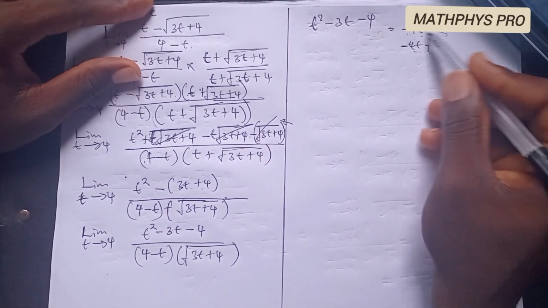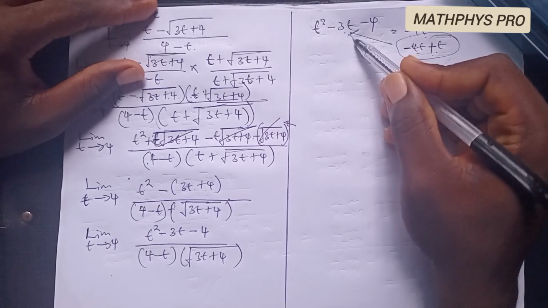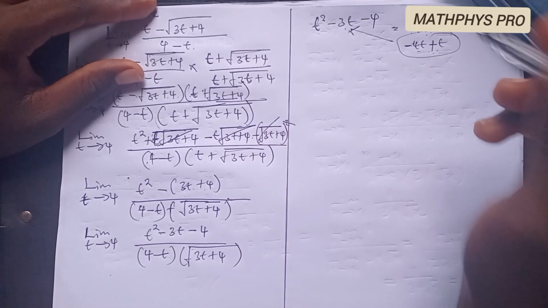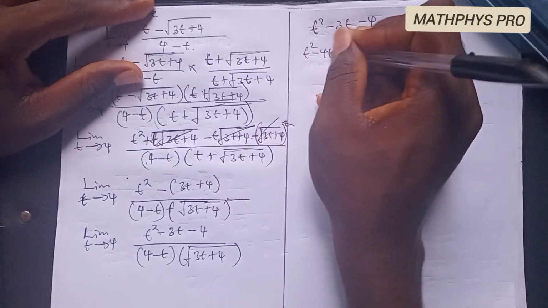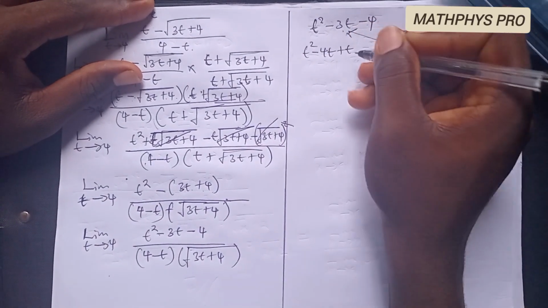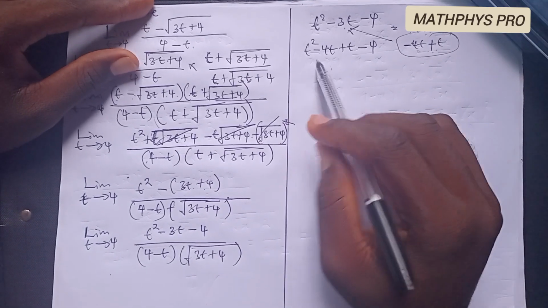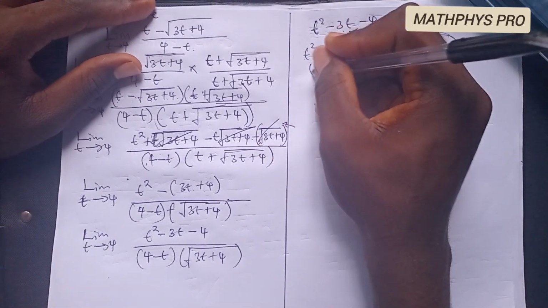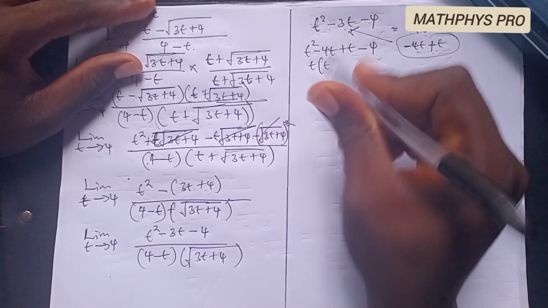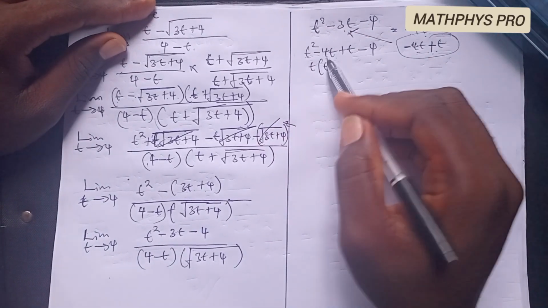So we use these factors now to replace the second term. So we have t square minus 4t plus t minus 4. Now what's common between t square and minus 4t is t. So you bring the t out, you have t remaining here and minus 4 remaining here.